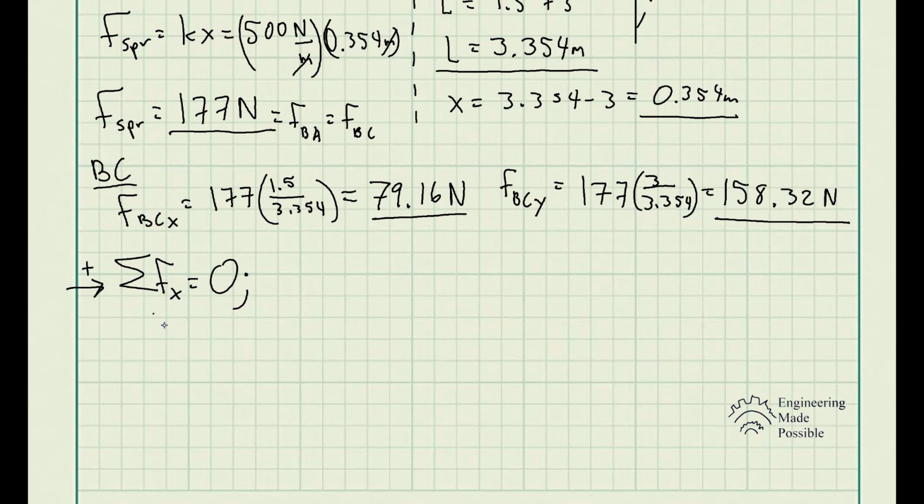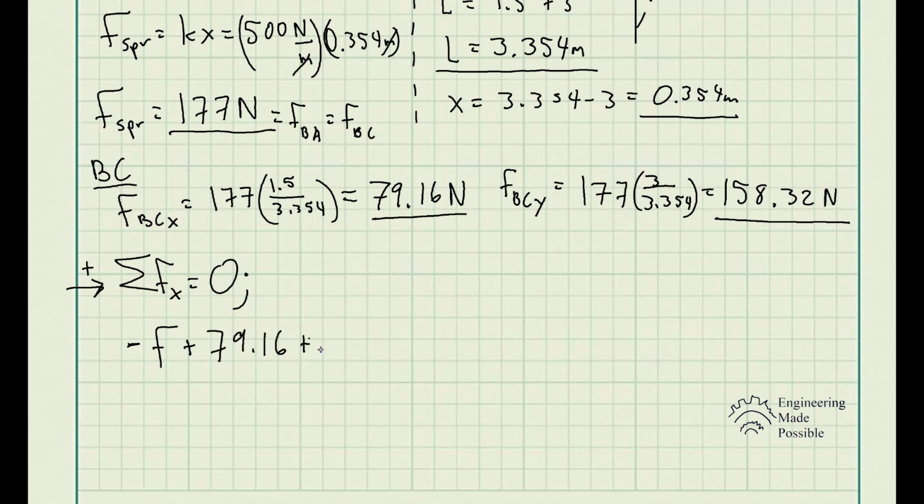So the sum of forces along the x direction is equal to 0 for static equilibrium, and I'm using my sign convention of going right to be positive. In this case, our force F, being our unknown, is negative F plus FBC, which is 79.16 newtons.